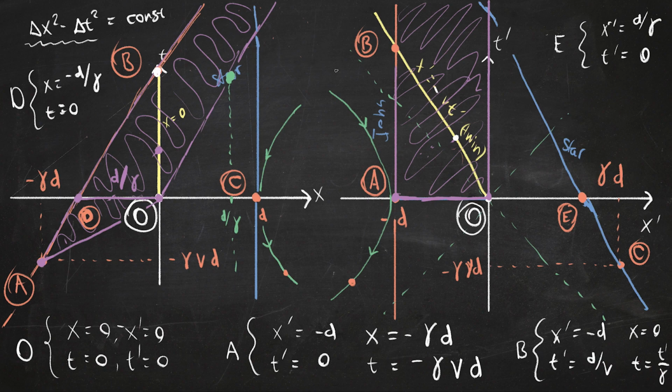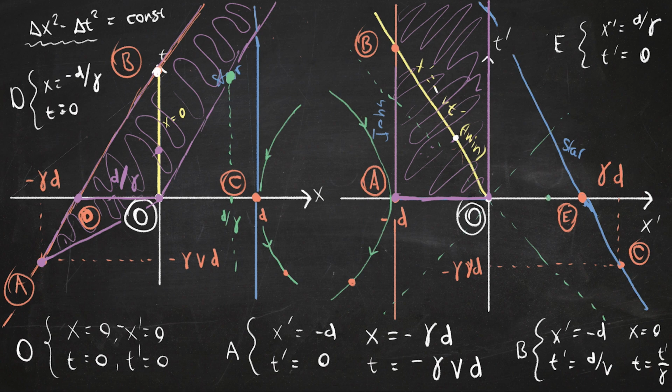So I haven't drawn that over here, have I? So the green dashed line, well, this was the d on gamma.